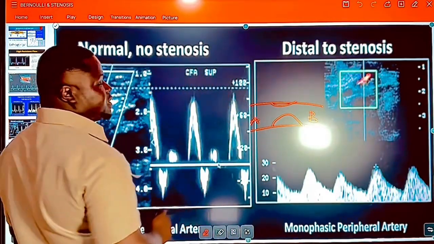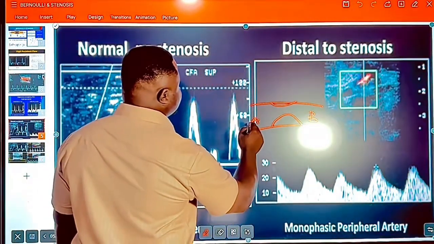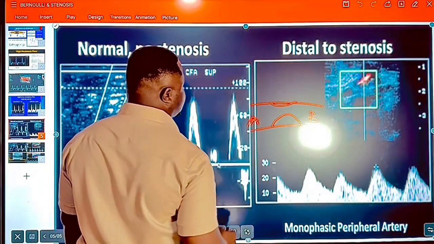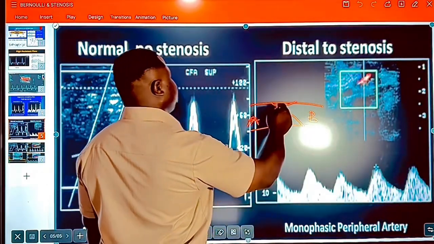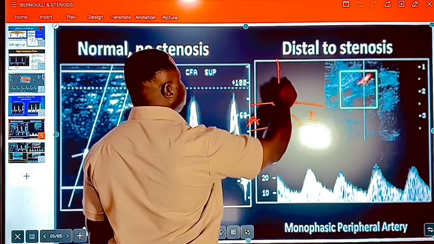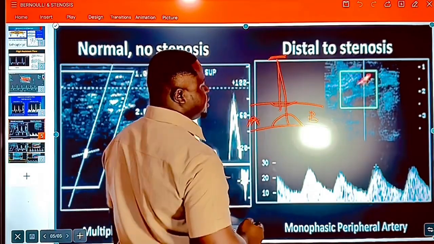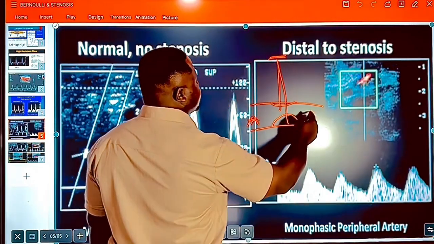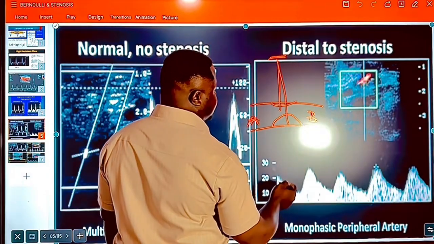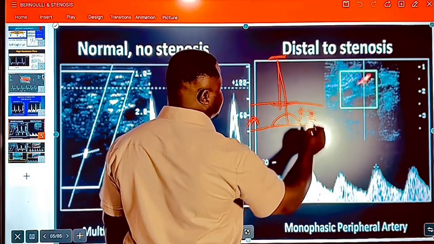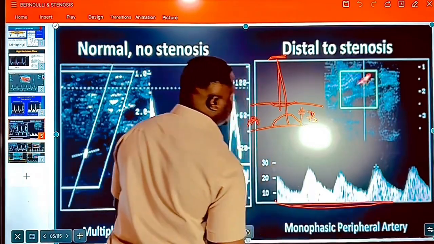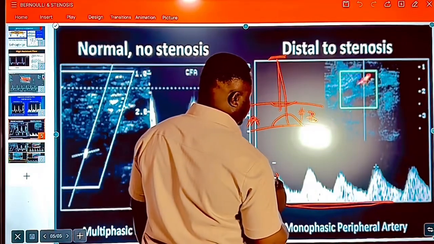This is a normal triphasic waveform, point A. At point B, we are supposed to see what? A high increase in velocity here. Downstream of the stenosis, we saw this waveform.